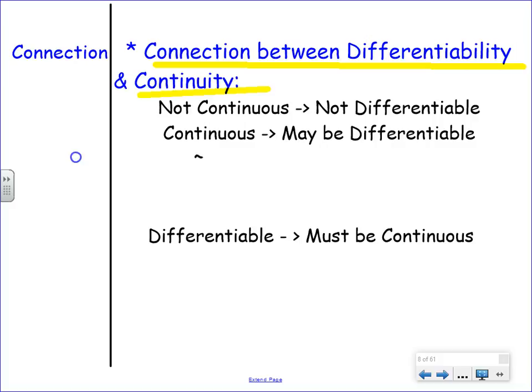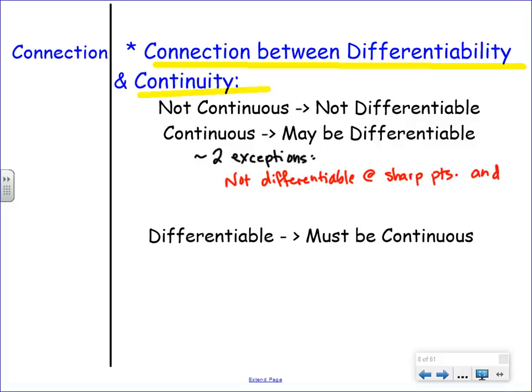There are two main exceptions. A function is not differentiable at sharp points, aka like the vertex of an absolute value.